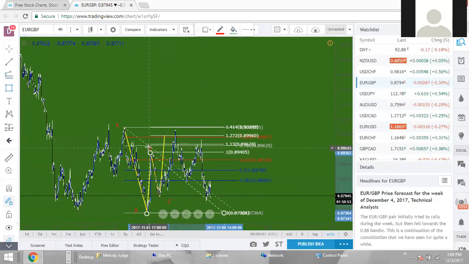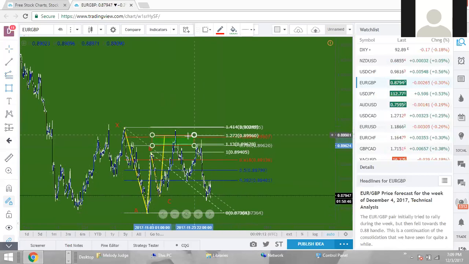So we got a nice zone from the 786 to the 127 would have been our kill zone, which price still broke above. And our kill zone actually lines up perfectly with our A to B move, and that's very close to an equal measured move. So boom, we would have entered here.